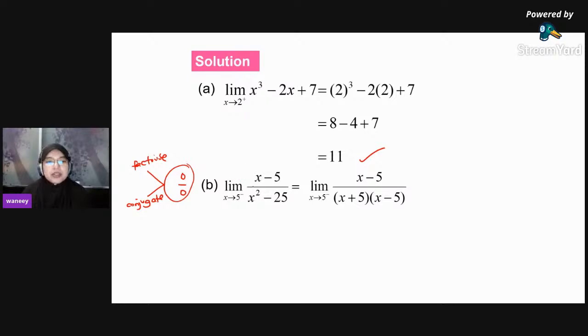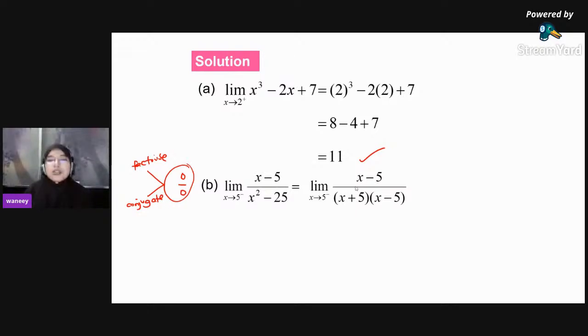Since we don't see anything with a surd, that's the reason why I'm factorizing my denominator. So I will have (x plus 5)(x minus 5) in the denominator. As usual, whenever we are factorizing or multiplying with the conjugate, the aim is to cancel out the term that gives us 0 over 0.